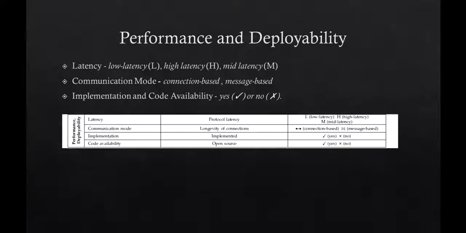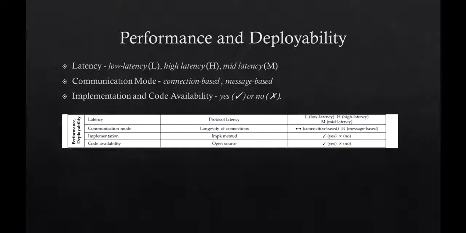Performance and deployability. These are the metrics based on which the performance is calculated. Latency. It can be low latency, high latency, or mid latency. Low latency. No latency to the communication comes under low latency. Example, web browser.